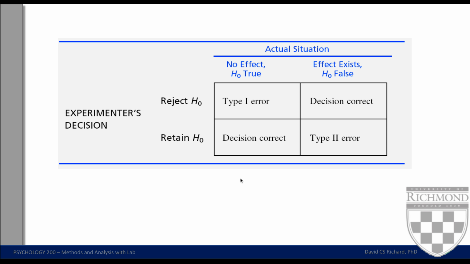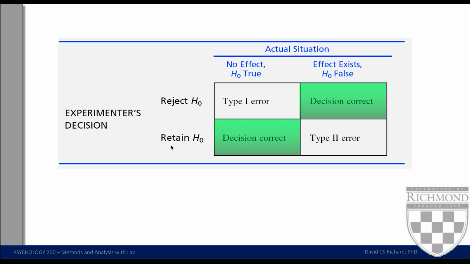So if we create this 2x2 table, what we find is that two of those quadrants represent correct decision making. So in an experiment, I could reject the null hypothesis, and in fact that would correspond to the state of affairs in reality, that there is a relationship between two variables. The null hypothesis is false. In that case, I've made a correct decision in my experiment.